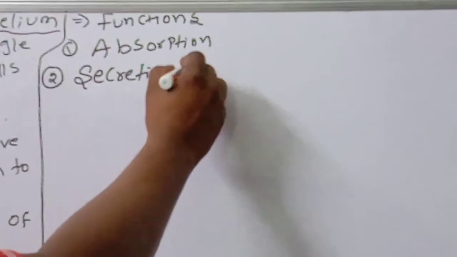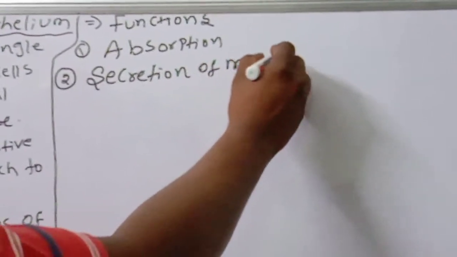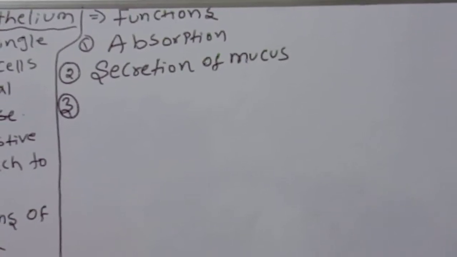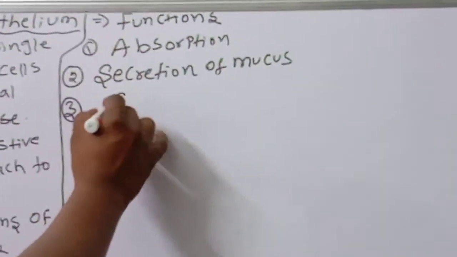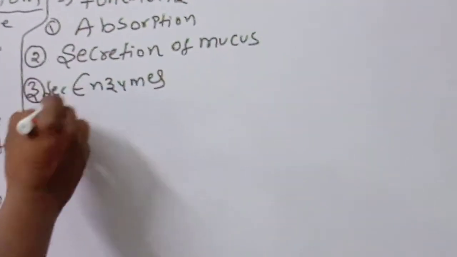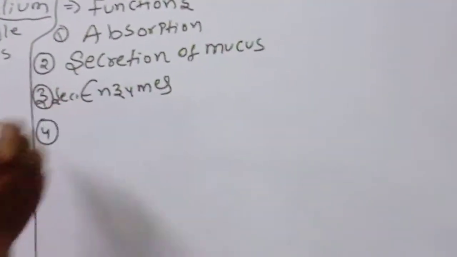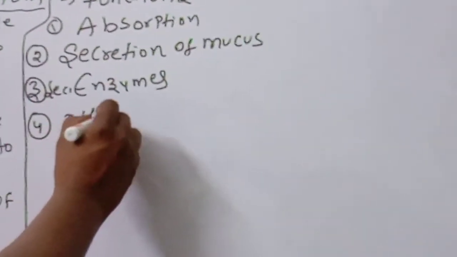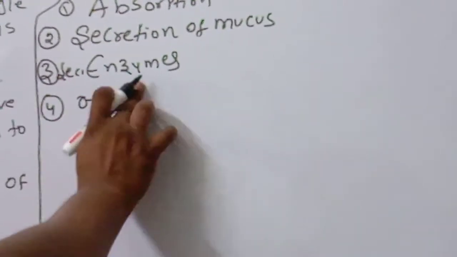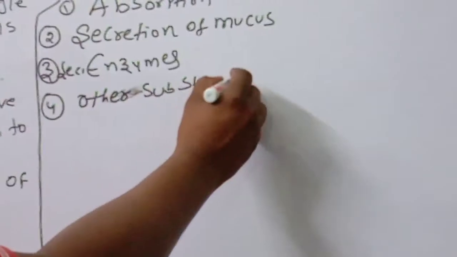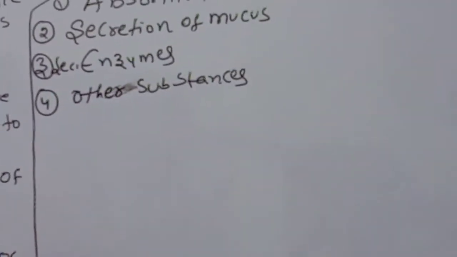The third one is secretion of enzymes. The fourth one is secretion of other substances. Okay, children, this also you have to remember.